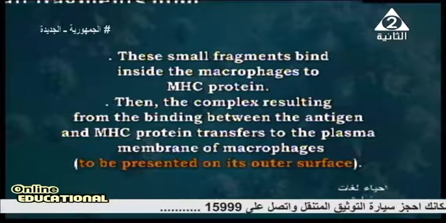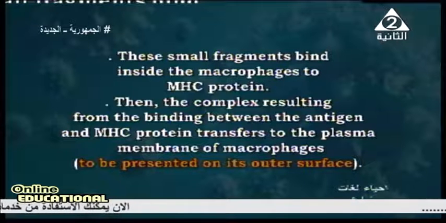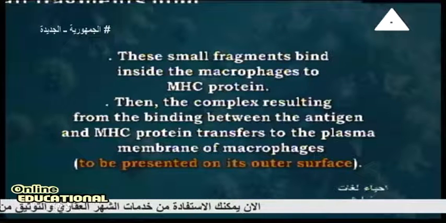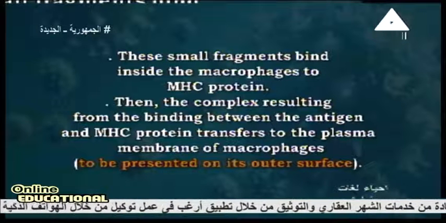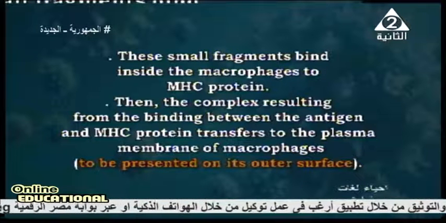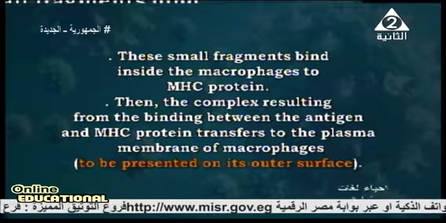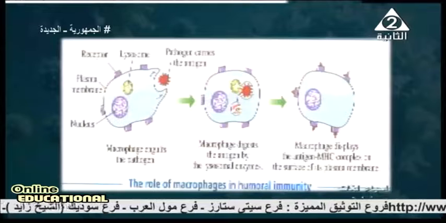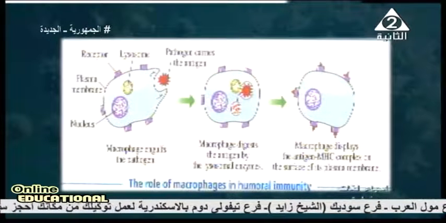Then the complex resulting from this binding between antigen and MHC transfers to the plasma membrane. Plasma membrane means the outside of the white blood cell, the macrophage, to be presented on its outer surface. Okay? Now we are going to see what happens in this figure.